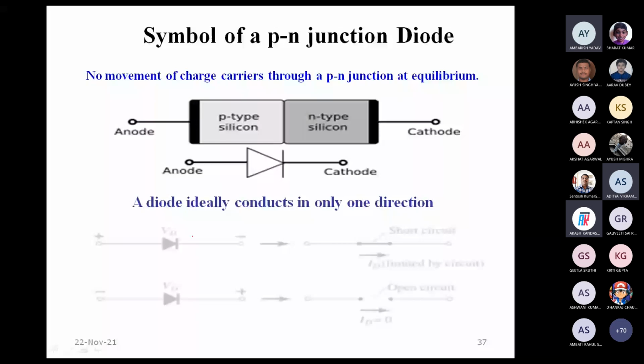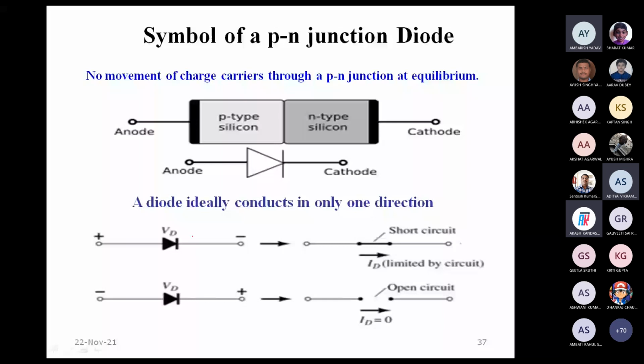So that's why we can say that the diode, this PN junction arrangement, makes the current flow in one direction and opposes it in the other direction. The first is called the on condition, and the second is called the off condition.